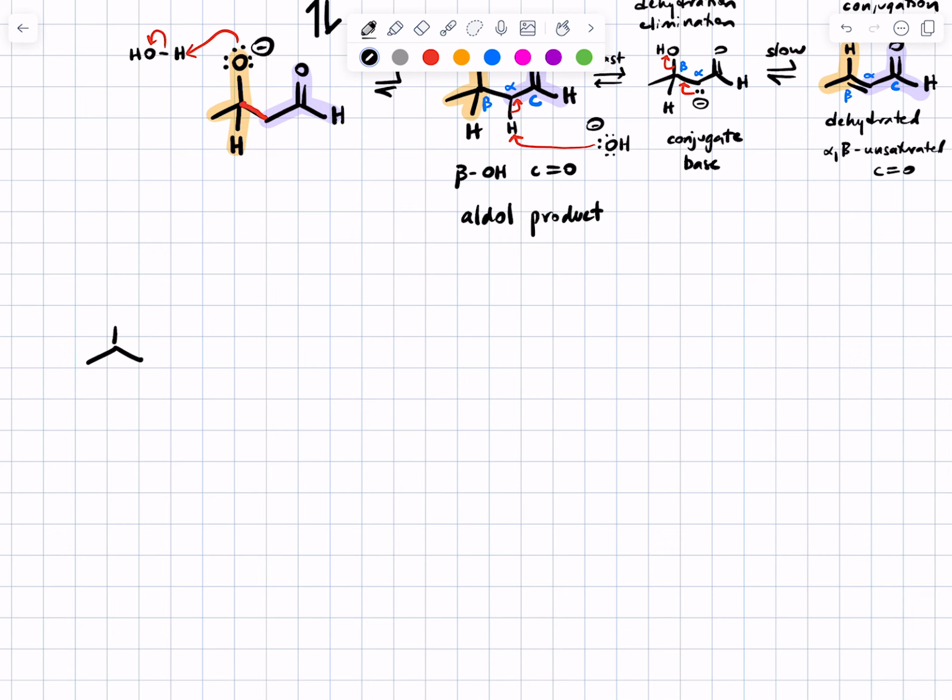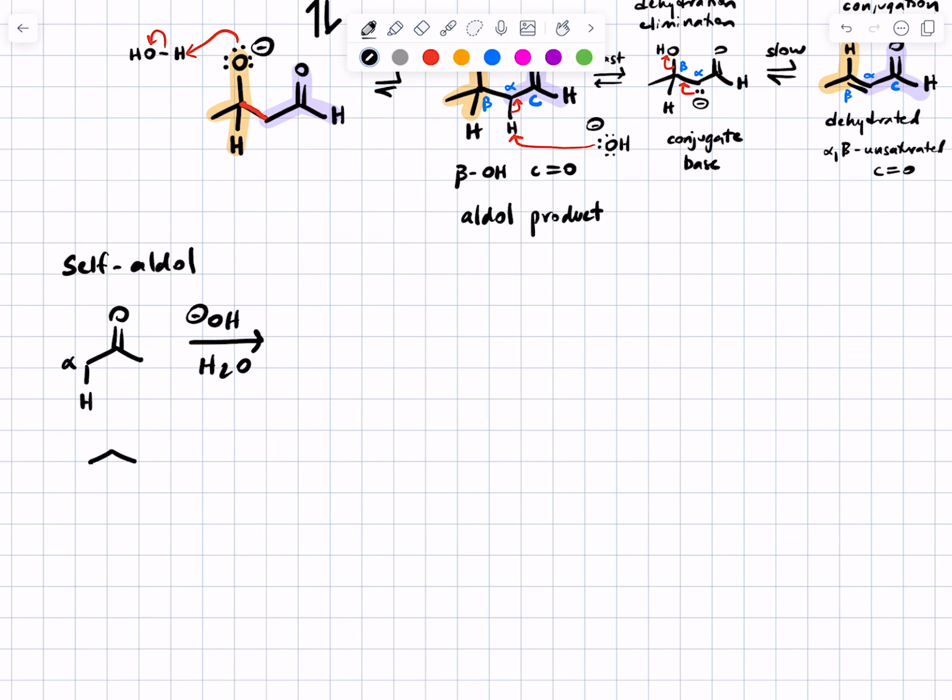Let's use a ketone now. Under basic aqueous conditions, this is what we're going to call the self-aldol reaction. So you're going to make the enolate of that ketone. And again, because the pKa of the alpha proton on a ketone is much higher than the pKa of OH minus's conjugate acid, you're only going to form a very, very small amount of enolate.